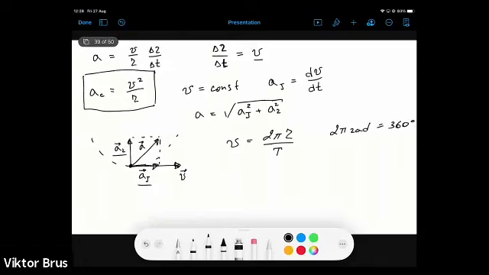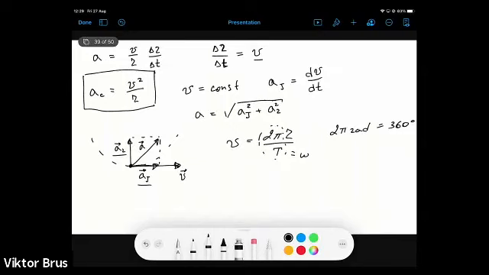Okay, so this is clear. Another important parameter is angular velocity, and that could be defined as this part. So this is omega, 2 pi over T, over the period.